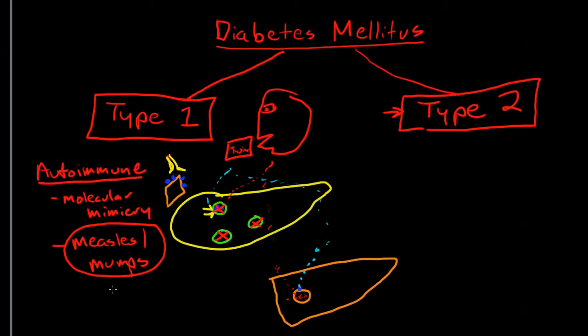But in any case, whatever the cause, the immune system attacks the beta cells in the pancreas and one by one destroys them over a period of weeks to months, and then the patient will lose all of his or her insulin producing capacity. So type 1 diabetes is defined by loss of insulin production.